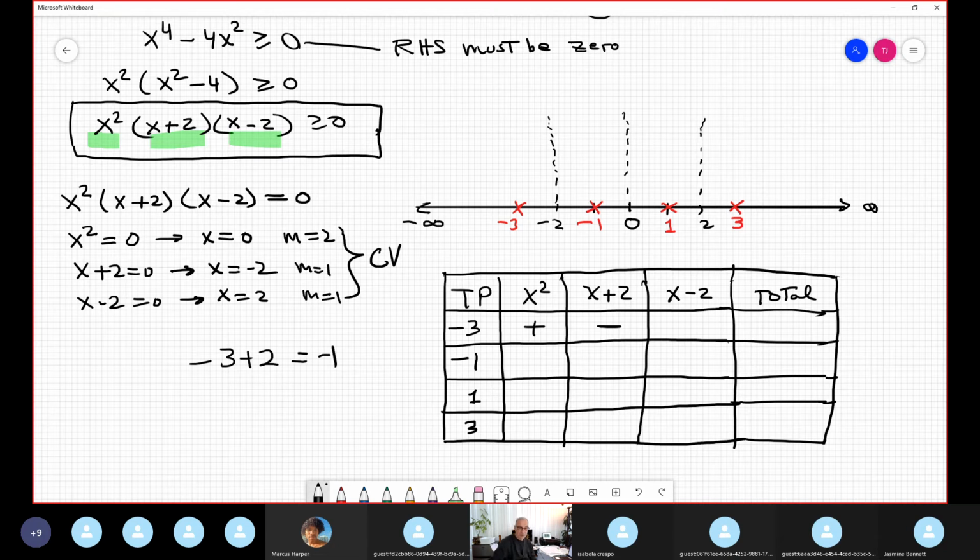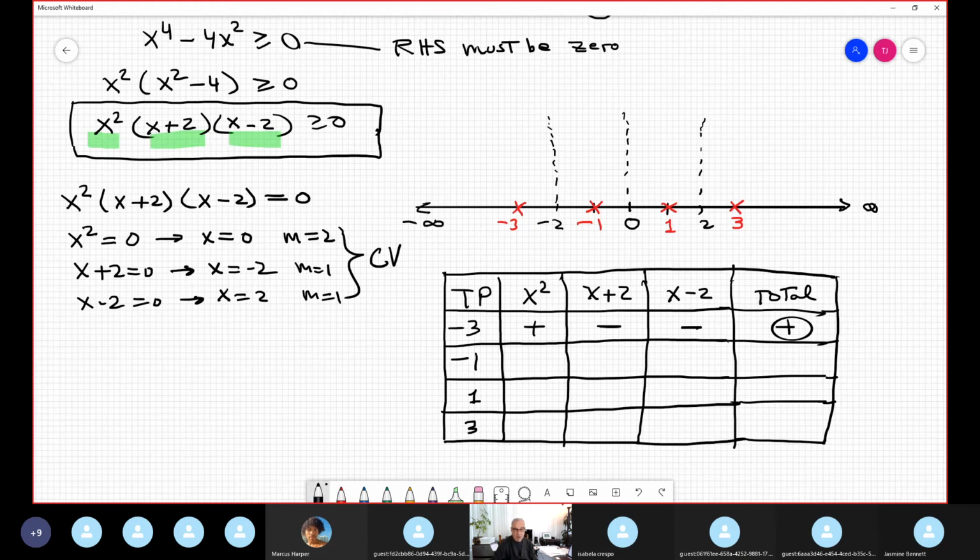Remember, I don't care about the value, I care about the sign. It's the only information I need to solve the inequality. For x minus 2, -3 minus 2 is -5. It's negative. So in this row, we have 2 negatives. The sign is positive. Do you understand very well where these signs come from? It's clear?